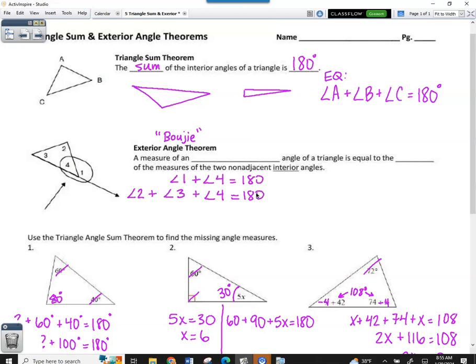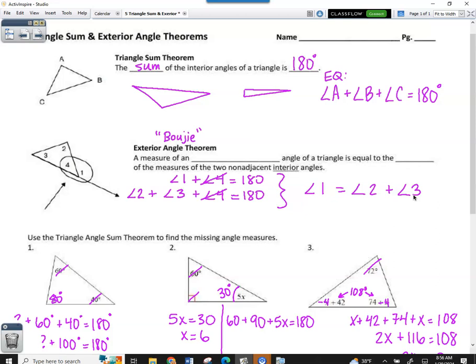Well, I'm just going to subtract the 4 off. If I take the 4 away, here and here, now they both equal 180, and I can set them equal to each other because of substitution. Like if this equals 180 and this equals 180, then they both can equal each other because of substitution. So watch. Angle 1 equals angle 2 plus angle 3.